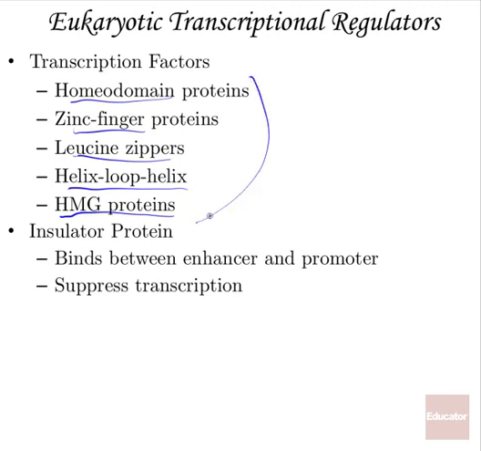They can be either enhancing or repressive. And compared with our prokaryotes, transcriptional regulation and regulation in general for eukaryotes is much more complex. Usually there are more regulators and longer length of regulatory sequence in the DNA.